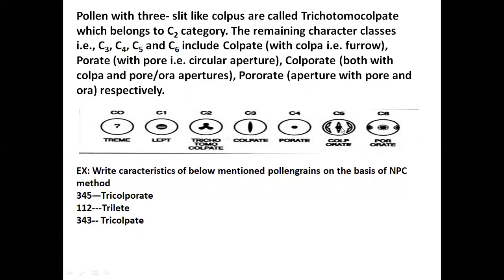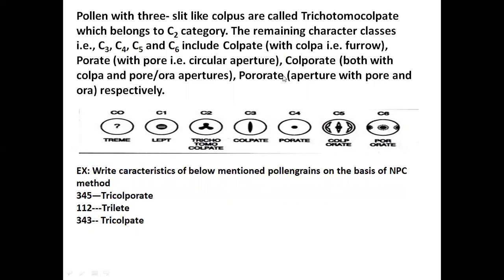If it is colporate, colporate means both colpus and pore are present. If the aperture has many pores, that is called pantoporate. Pororate is an aperture with pore and ora, one above another.